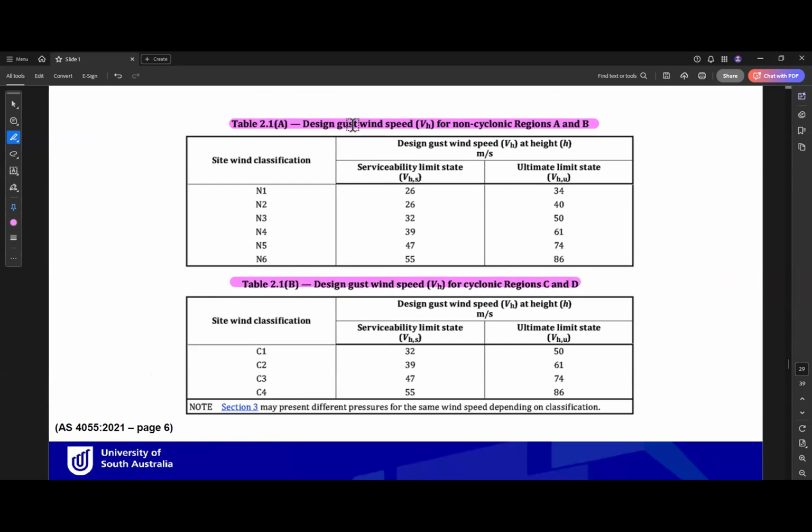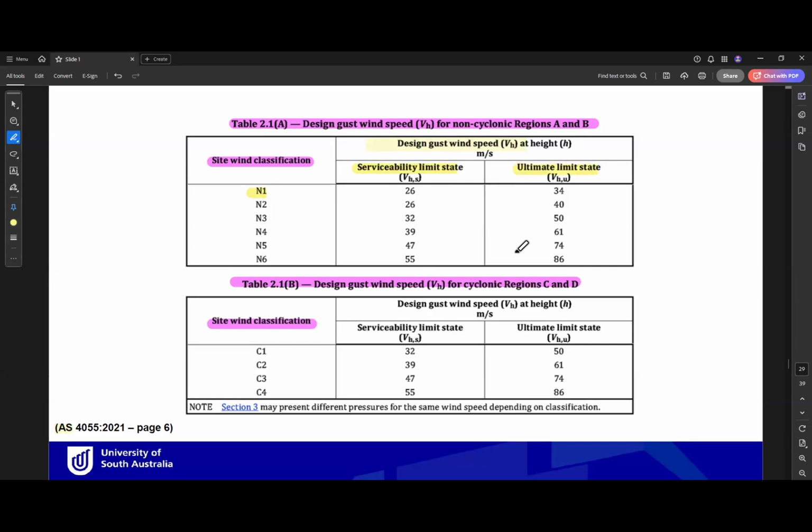So the gust wind speed is based on the site wind classification, if it is A or B1 or B2 or C or D. So for example, in our example we have N1 wind classification. So how much is the design gust wind speed? 2 values. We have 2 values. One value for serviceability limit state, one value for the ultimate limit state.